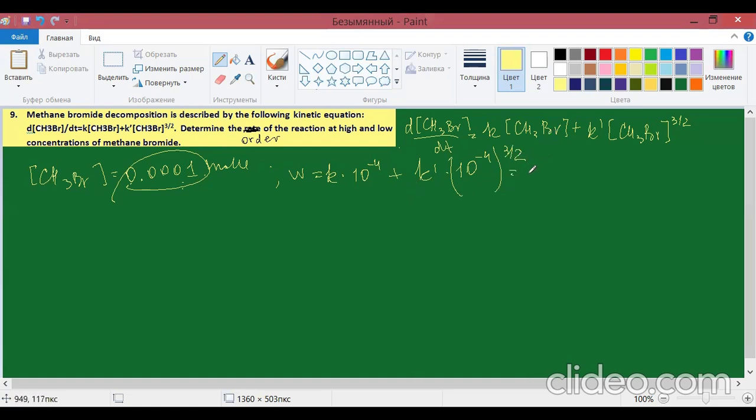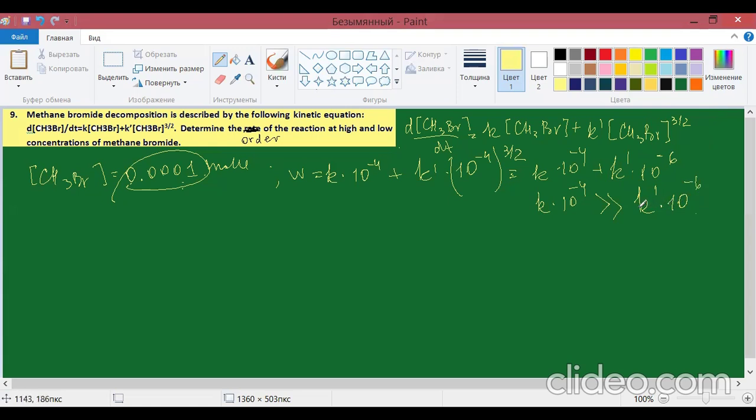So it means that it is equal to K times 10 raised to minus 4 plus K prime times 10 raised to minus 6. As you can see, in this case, K times 10 raised to minus 4 is much more than K prime times 10 raised to minus 6.